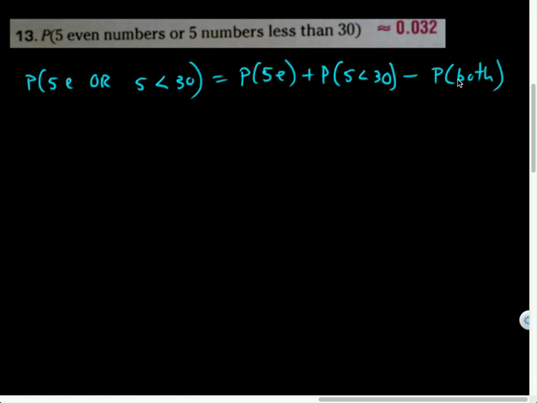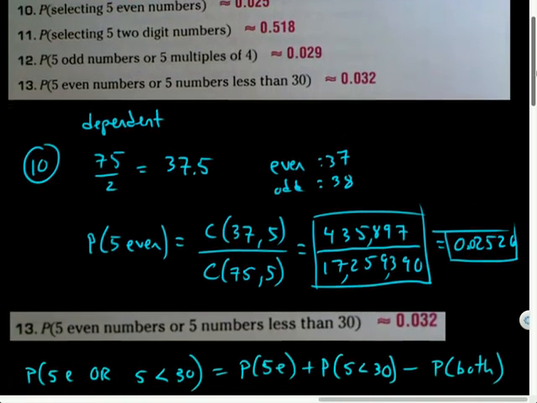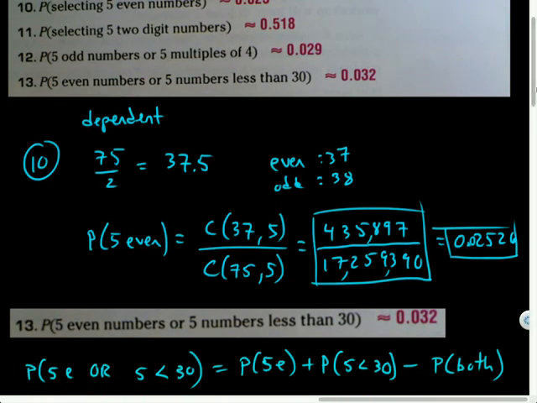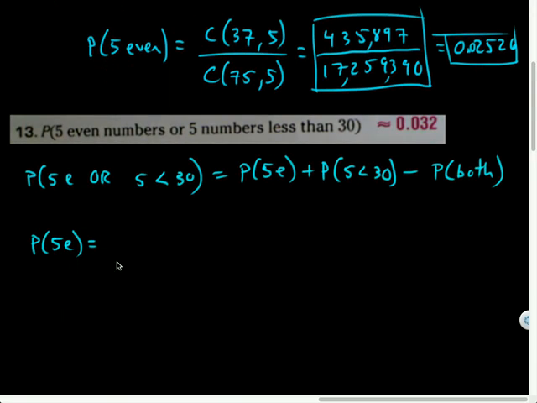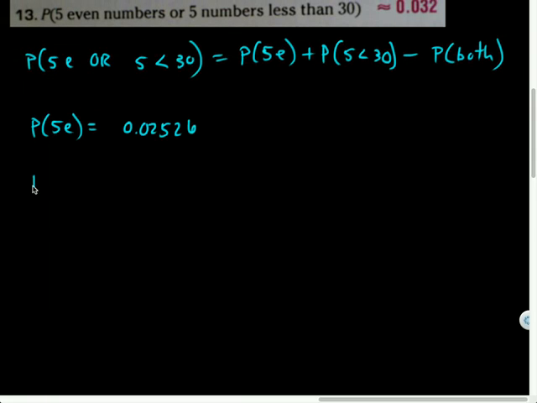There are even numbers less than 30, like 2, for instance. So let's find the probability of 5 even. Well, we already know that, don't we? Isn't that exactly what we just calculated? Yeah, bam. So I'll just call that 0.02526. Sounds good to me. We just calculated that. Probability of 5 less than 30.